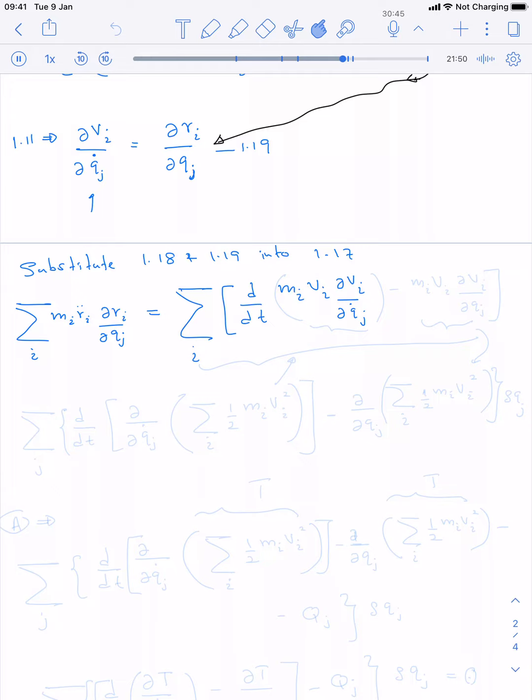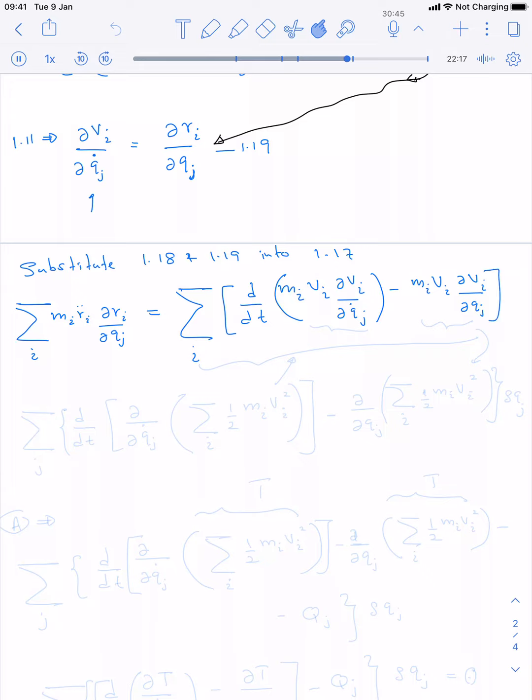and minus mi vi ∂vi/∂qj. Right, so the ∂ri/∂qj is replaced by ∂vi/∂qj.